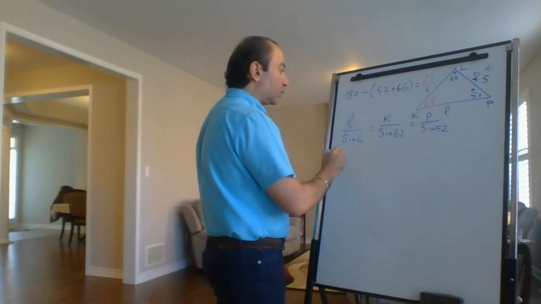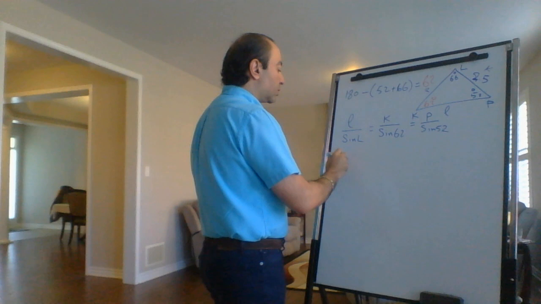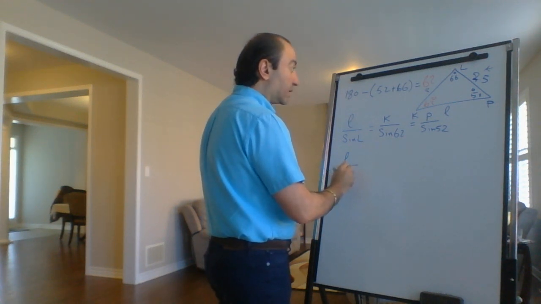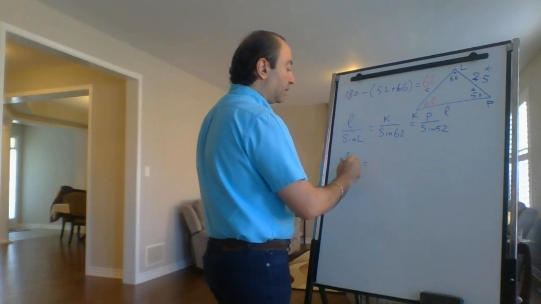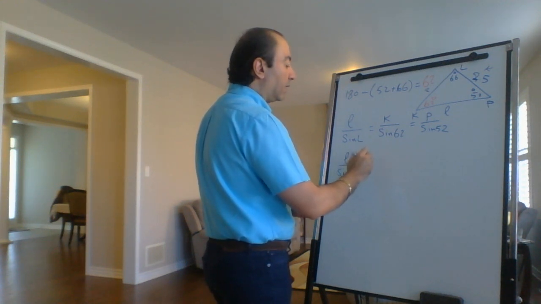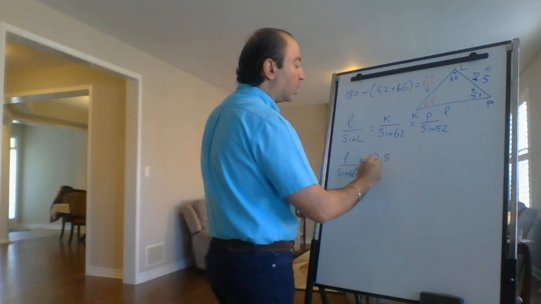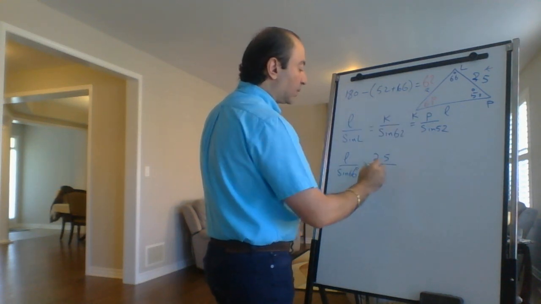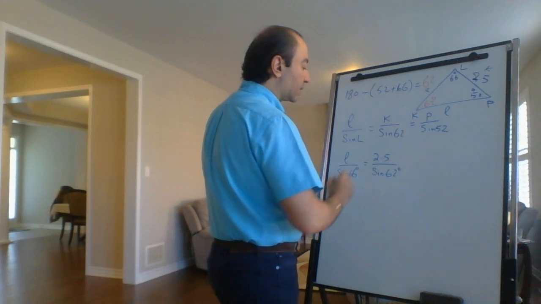Then we substitute with the information we know. So l over sine 66 degrees equals k, which is 2.5, over sine of the angle that's opposite to it, so 62 degrees.